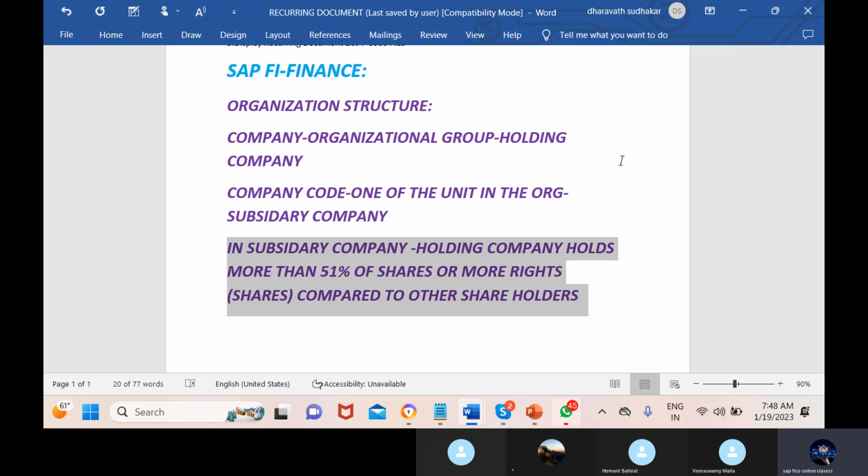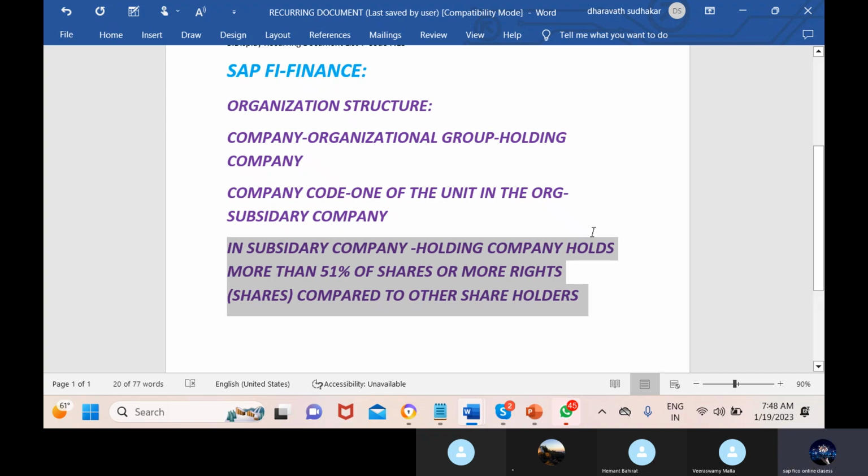I told you in the SAP FI module, the finance module, we follow financial accounting to prepare external reports. To whom will we send the external reports? To all our stakeholders. Stakeholders means the persons who are directly or indirectly affected by our company's acts.